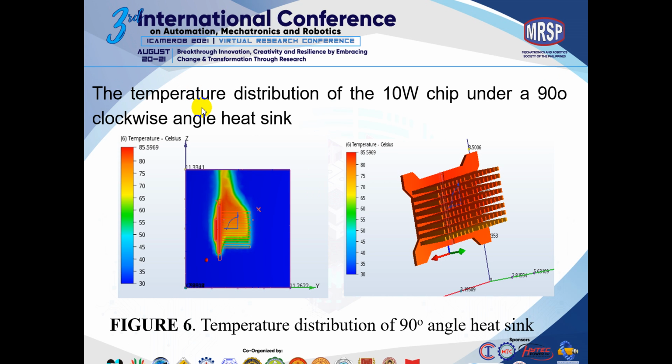You can see the temperature distribution of the 10 watt chip under the 90 degree clockwise heatsink. You can see that with the 90 degree heatsink, the heat is easy to escape to this side.